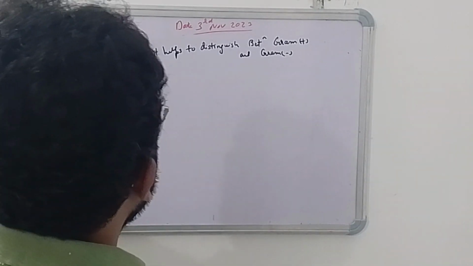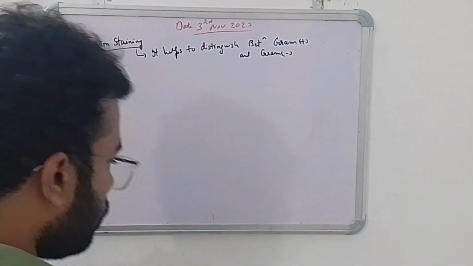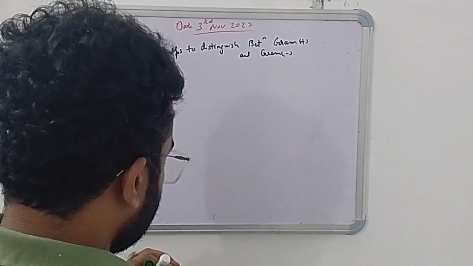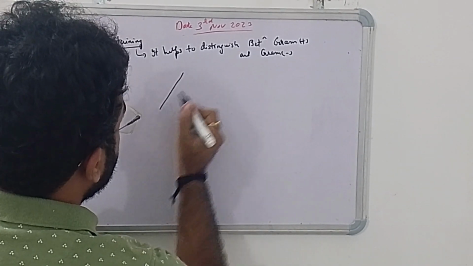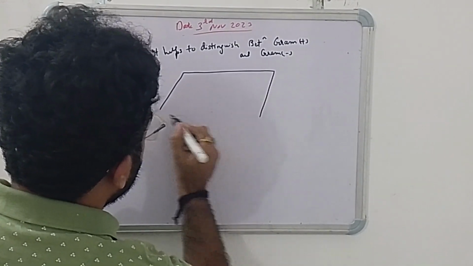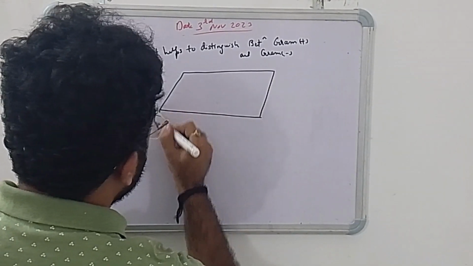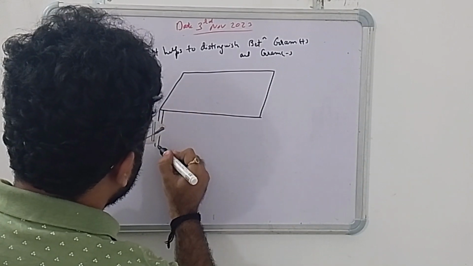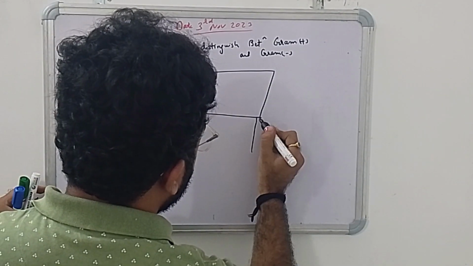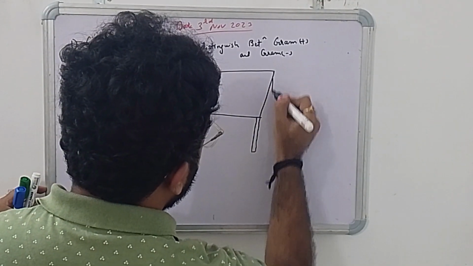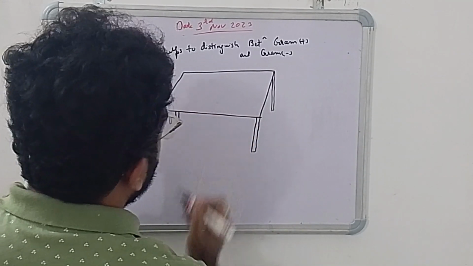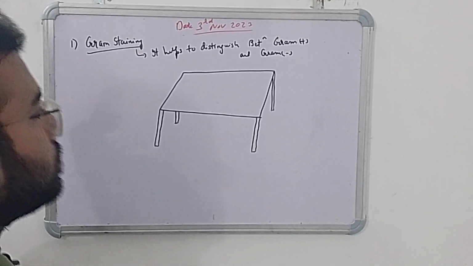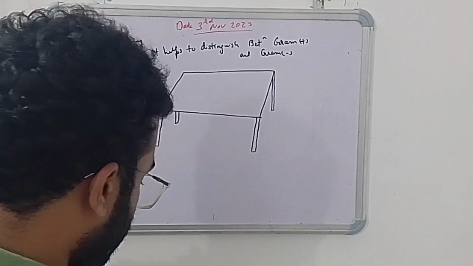Okay, so in gram staining, you are in a lab. Just suppose you are in a lab, and here is a table. My drawing is not good, it is bad.